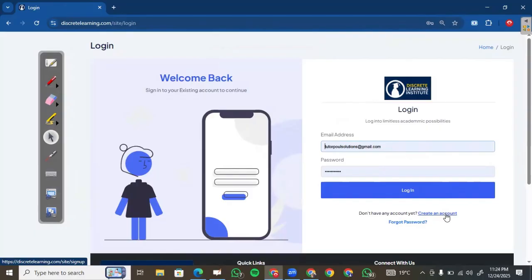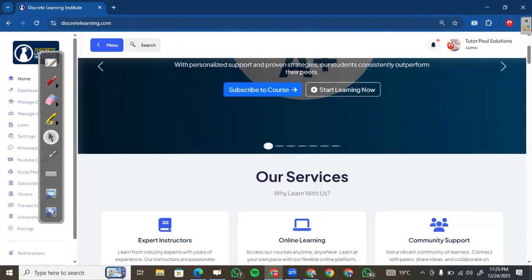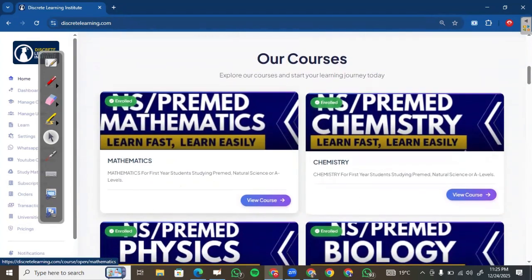Put in your name, your email, set your password, and the university, then create an account. This window will come up, so you put your email and your password there, then say login. Once you log in, it will lead you to these courses.